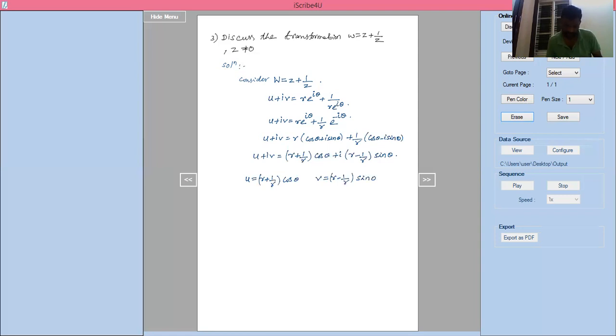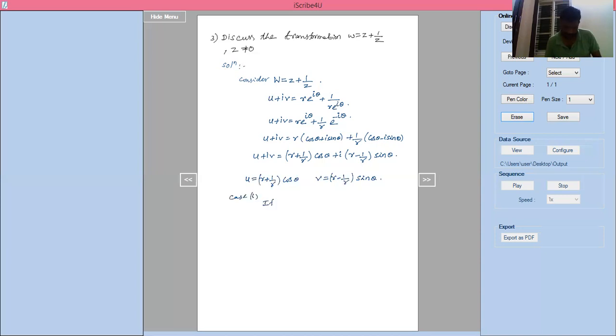This is u and v. Previously we have done the cases where theta equal to constant, x equal to constant, and y equal to constant. Like that here also, I'll take case 1.